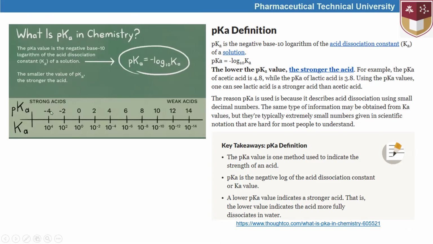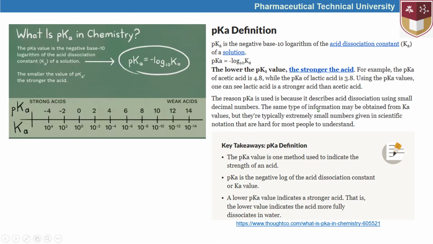So here, as we see, the positive dissociation constant is becoming a negative integer, and the strong acids, as we see here, should have smaller pKa units.